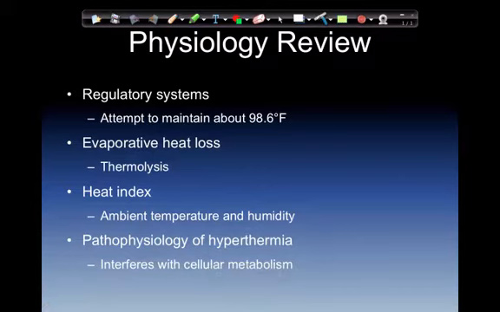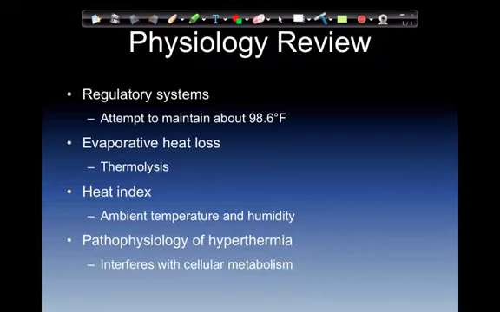So a physiology review. Regulatory systems, they attempt to maintain the body at about 98.6, and they're challenged by the external environment depending on what the temperate condition is outside. Evaporation, heat loss, thermolysis. Sweat reaches the surface of the skin and it evaporates in the atmosphere.